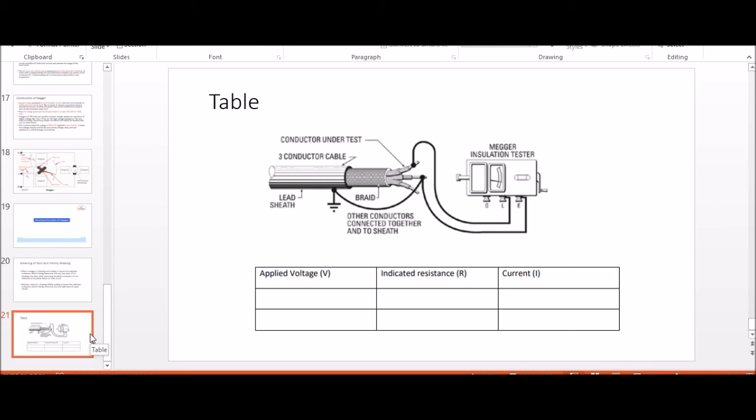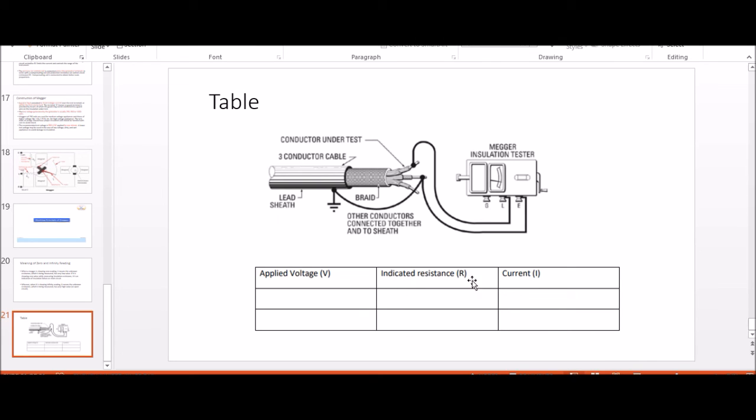So yes, if there is no leakage current in your two wires, this voltage would be whatever constant voltage, let's say 700 to 500, and indicated resistance you can take up to infinite, meaning you can now roughly take it up to 1000 mega ohms or more than 1000 mega ohms, and your current will flow very minor, which can be easily observed with the values of ohms law.